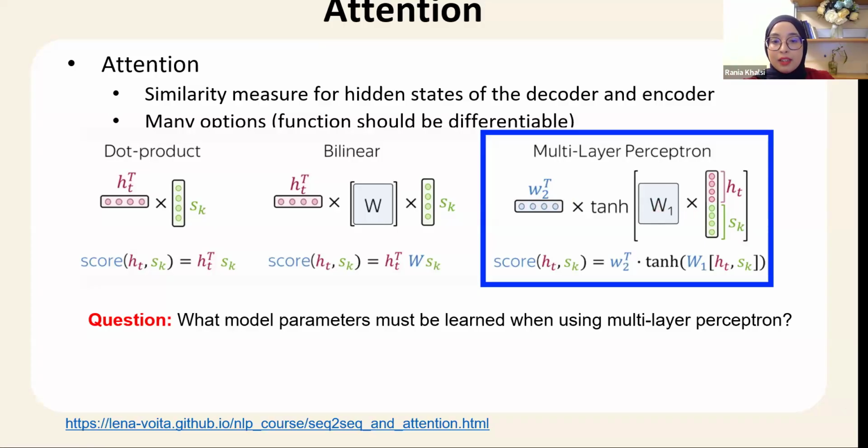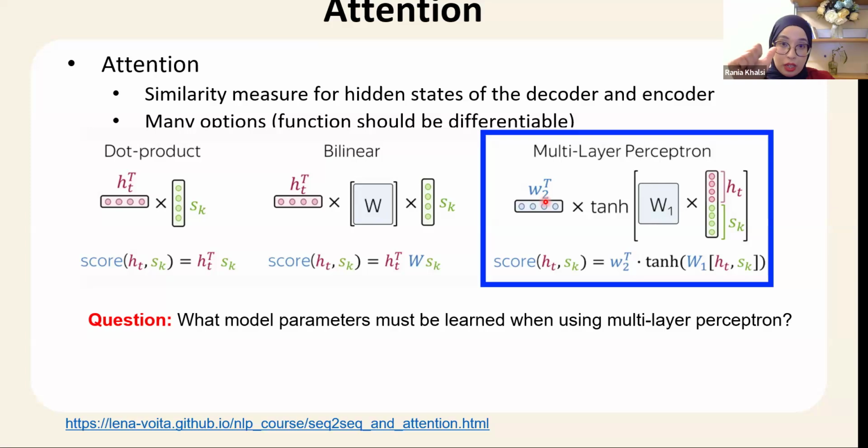Now, the weight matrices in blue are updated during the training process. In contrast, here we have two weight matrices used inside the similarity function. They are updated during training, and therefore they qualify as model parameters.